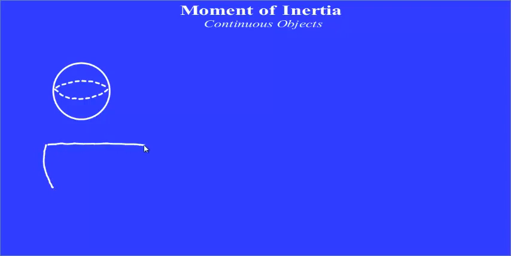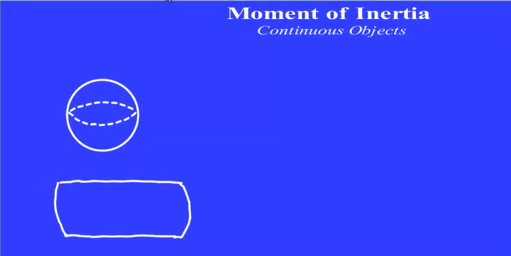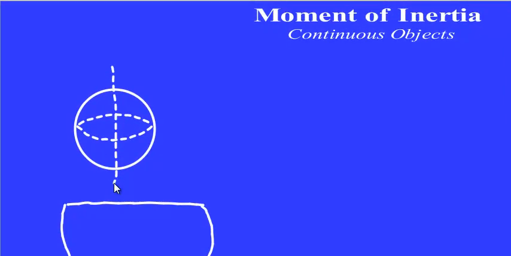Again, the axis around which you rotate matters as to what moment of inertia you're going to have. If I take the sphere and rotate through there, that's different than if I rotate around that axis. And the same goes for the cylinder.